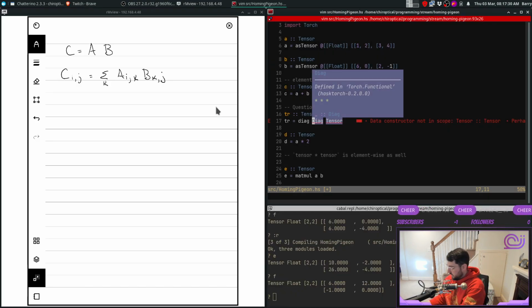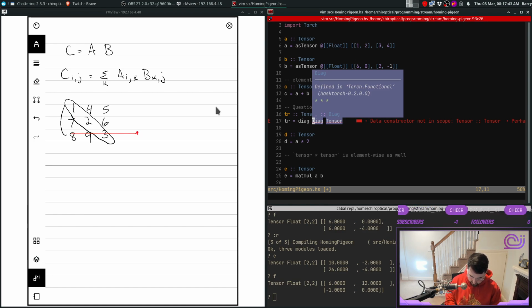here, let me draw it. So if we had a matrix like 1, 2, 3, this right here would be, I guess, the main diagonal, and then 4 and 6 would be the, what was it called?